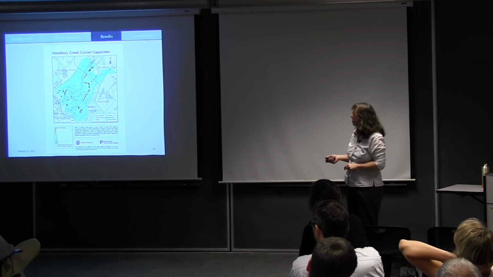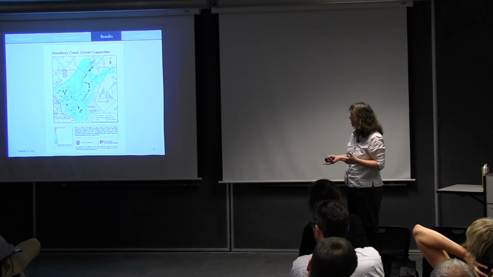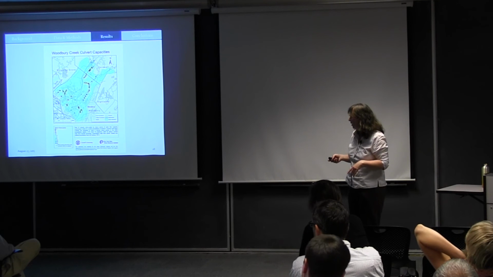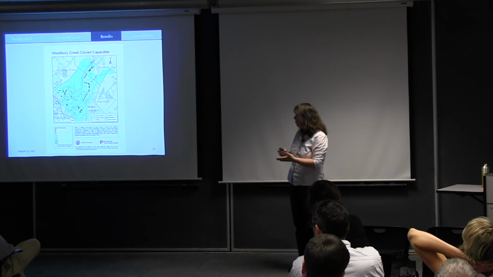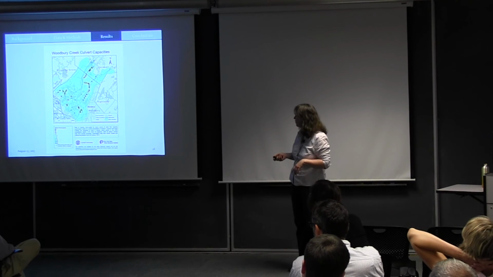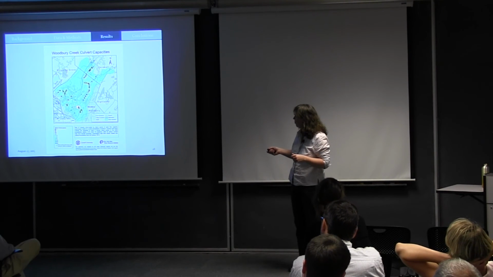So we looked at the capacity of these culverts, how much water can it convey at its maximum, and then which storm return period would meet or exceed that capacity. And then I color-coded them because people like to see simple ways of visualizing the results of this.